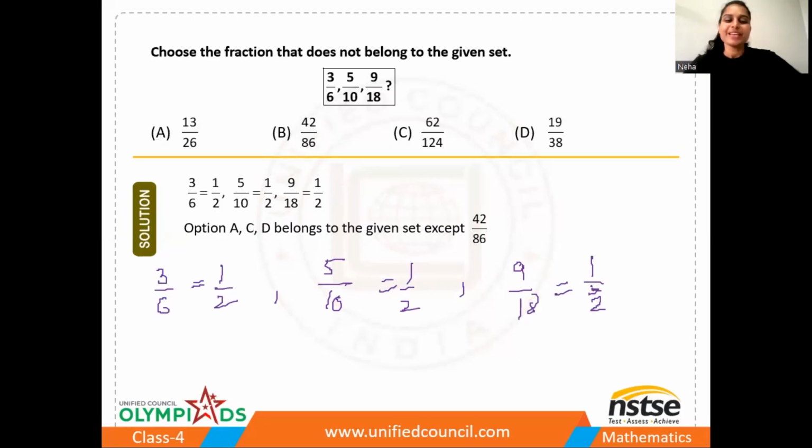This is the thing I want you to focus on: the question says choose the fraction that does not belong to the given set. That's why I try to go with the flow, because 99% of students can make the mistake here.